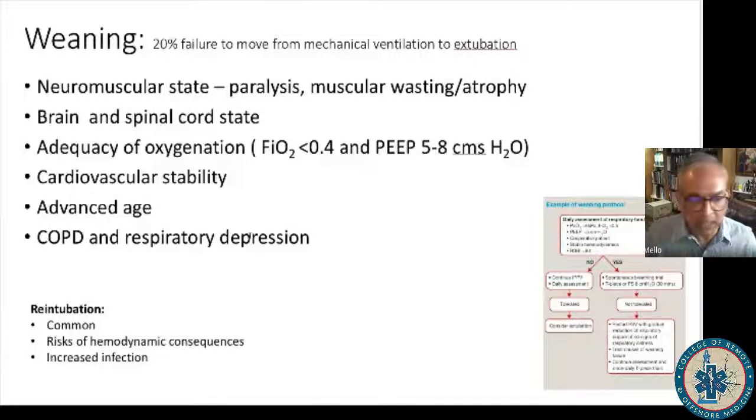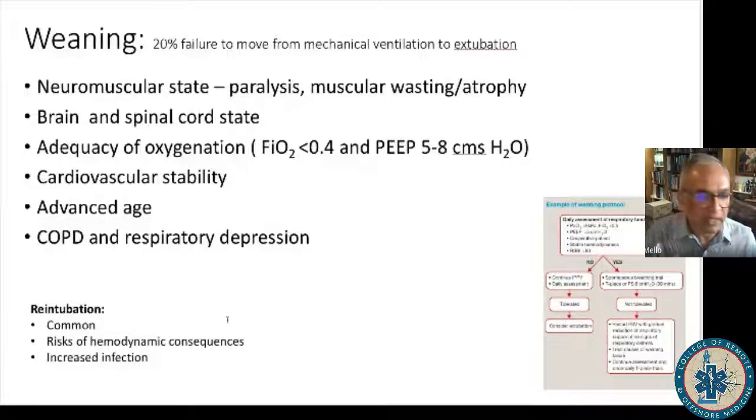The older patient and those patients with chronic lung disease or any other reasons for respiratory depression will also become difficult to extubate and wean. So these patients are likely to be reintubated, and the problem with reintubation is that it's common in those 20% that fail. And when you intubate them, you've got an added recurrence of hemodynamic consequences, where you intubate somebody, you ventilate them, you're increasing raised intrathoracic pressure, reduces venous return, reduce cardiac output, reduce blood pressure.